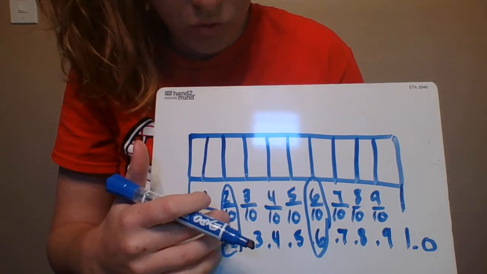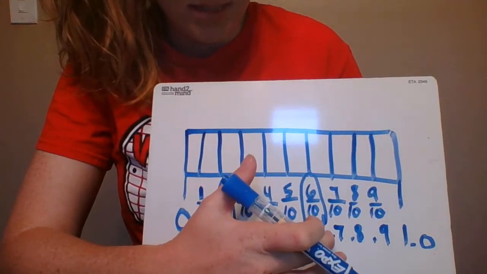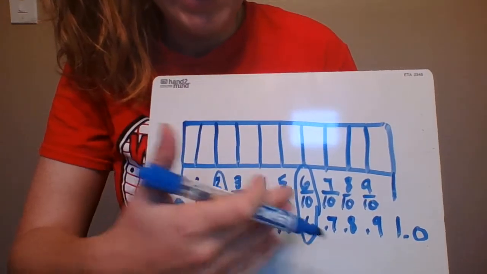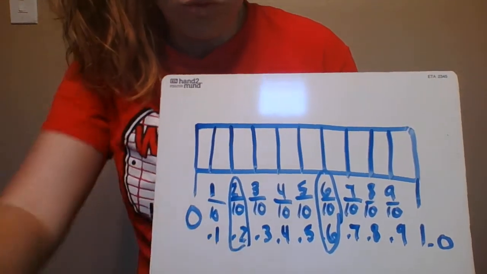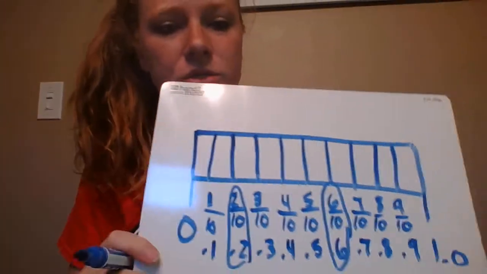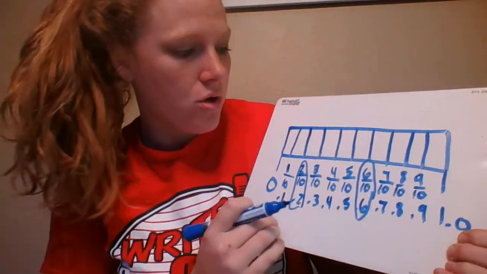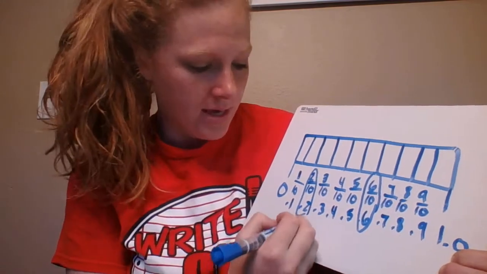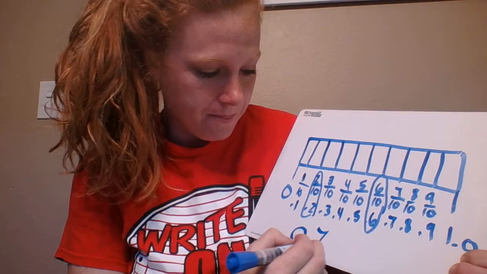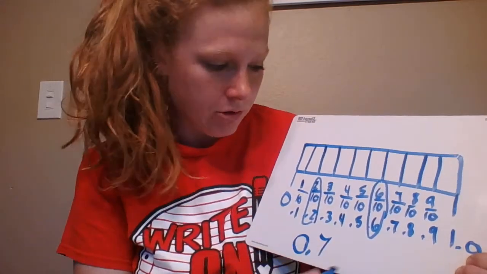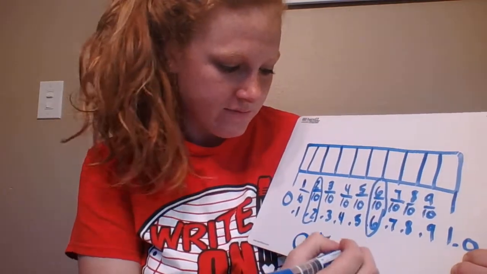Is it 2/10 or 6/10? It is 6/10. You would rather have 6 pieces of a candy bar than 2, right? If you're hungry. So I just wanted to show you that when you are looking at tenths, 7/10 would be bigger than, let's say, 5/10.